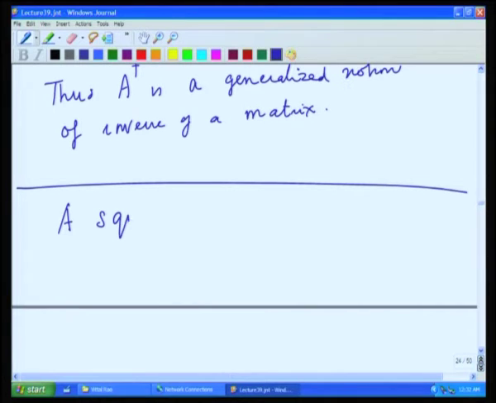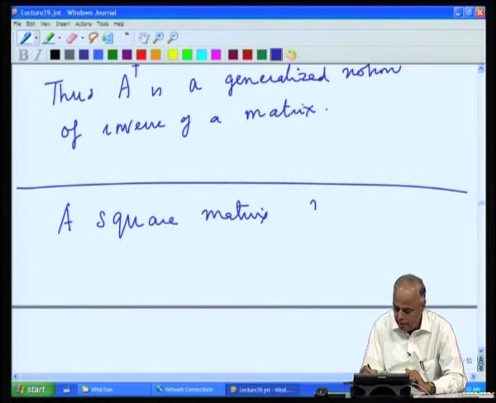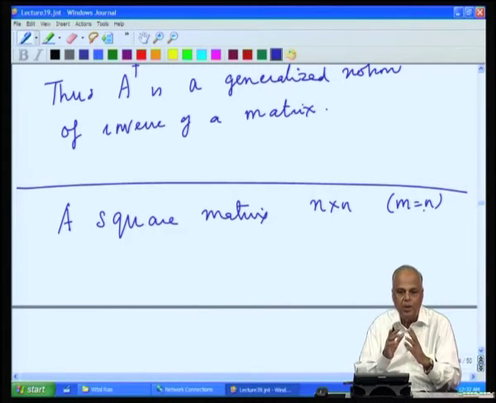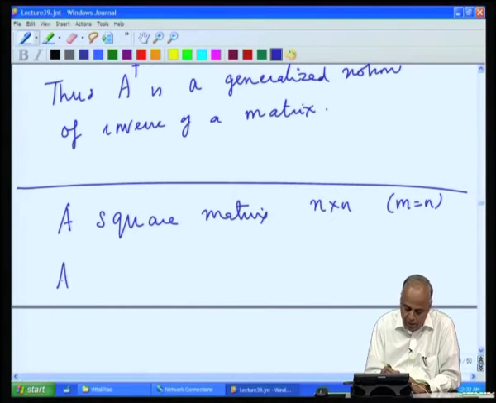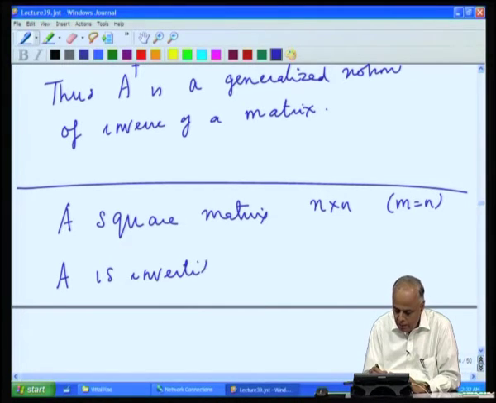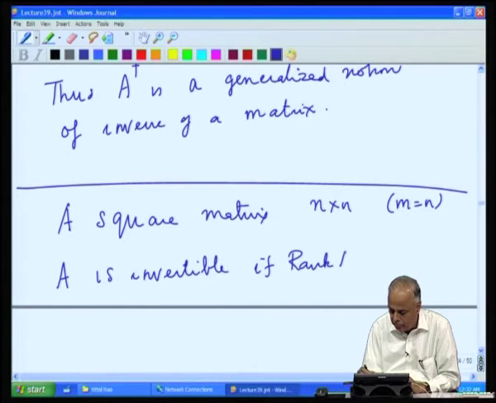For this, we will begin with some preliminaries. Let us take A as a square matrix, say n by n. So, here m equal to n, it is a rectangular matrix where the number of rows is equal to the number of columns. When is A invertible? A is invertible if rank of A is equal to n.